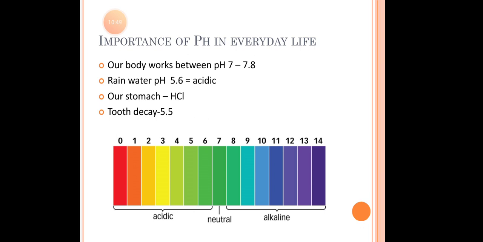Now, you know air is a mixture of gases. The second point says rainwater pH is 5.6, acidic. That's because the air is a mixture of gases, containing carbon dioxide, sulfur dioxide, nitrous oxide, nitrogen dioxide.